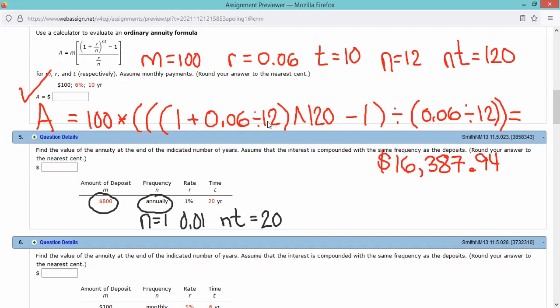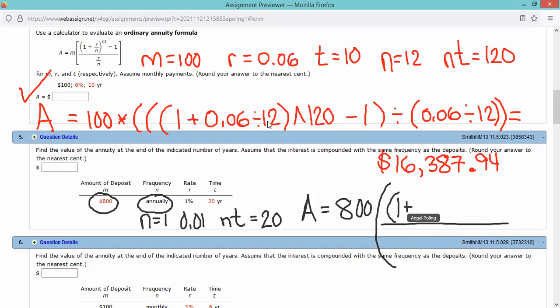Okay, let's see. So now we just use our formula, right? A equals 800 times 1 plus 0.01 divided by 12 raised to the 20, take away 1 in the numerator, and our denominator is 0.01 divided by 12.